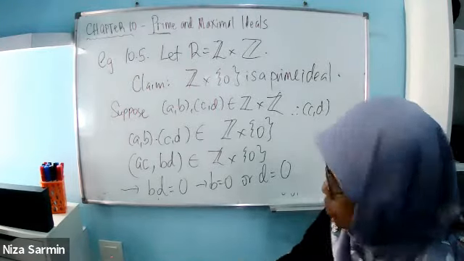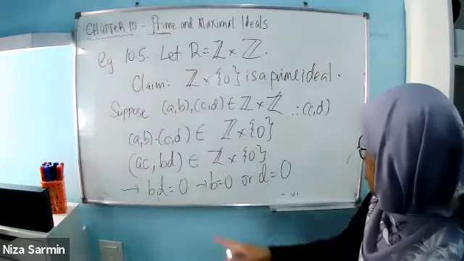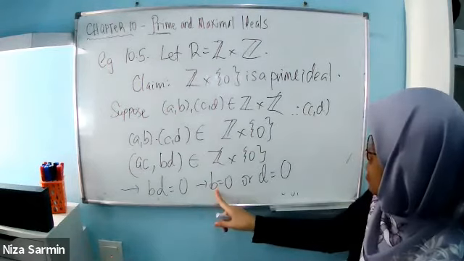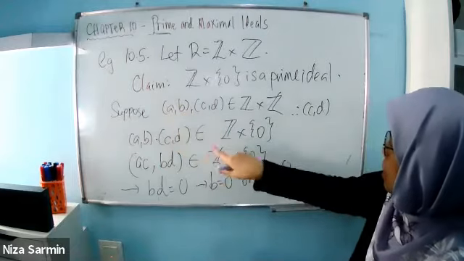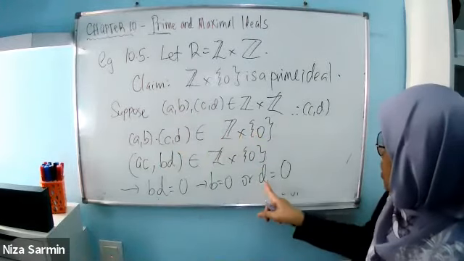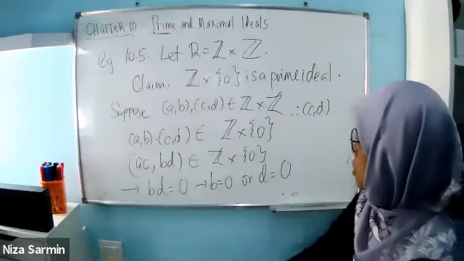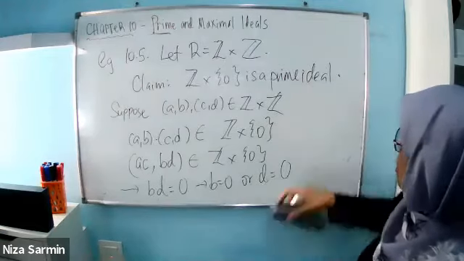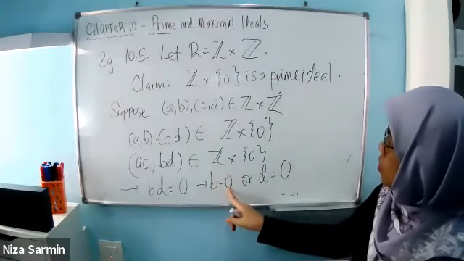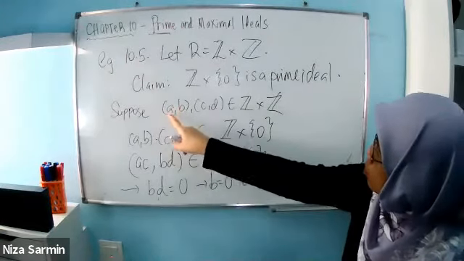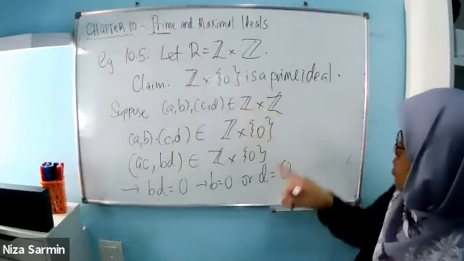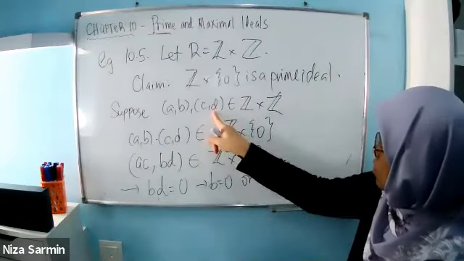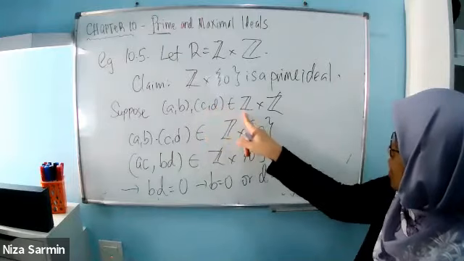Yeah. So if B is 0, then AB will be in Z0. If D is 0, then CD will be in Z0.